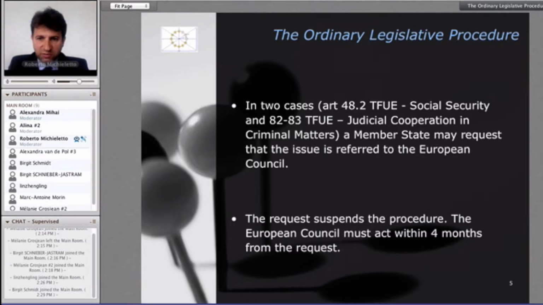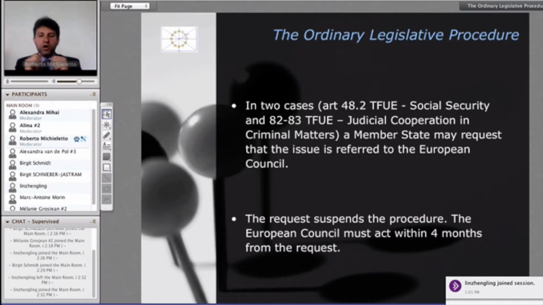The request to suspend the procedure, we are inside the ordinary legislative procedure. When member states ask for these 2 matters, social security or judicial cooperation, to be referred to the European Council, then we suspend the procedure for 4 months, in which the European Council can act and give its opinion.